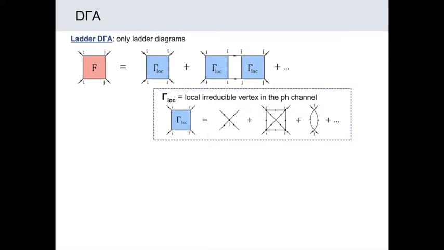And in the case of this ladder DΓA, you restrict yourself to ladder diagrams. The non-locality comes in because you connect these local building blocks with non-local one-particle Green's functions. And by summing up all these diagrams, this corresponds to solving the Bethe-Salpeter equation in this channel. And then you get your full vertex function. So that's the red F here.